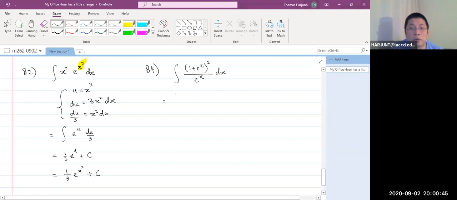My suggestion for you is to FOIL the top first and then divide by e to the x. And after that, you integrate one by one. You simplify first and then integrate one by one.